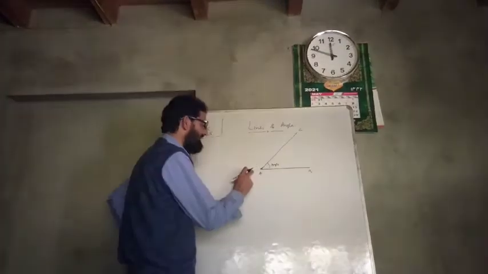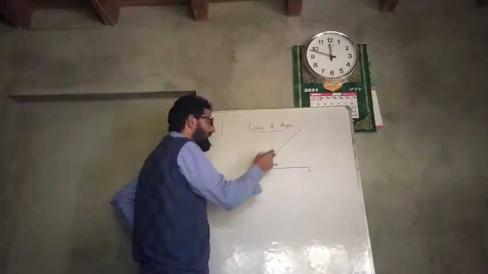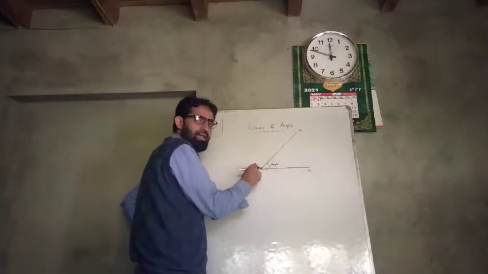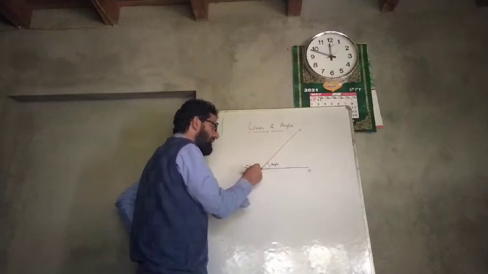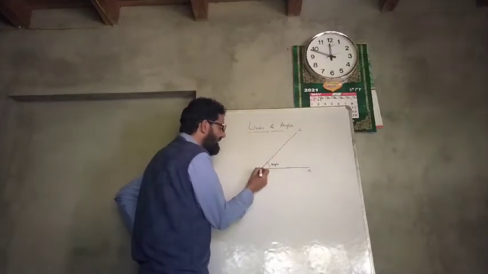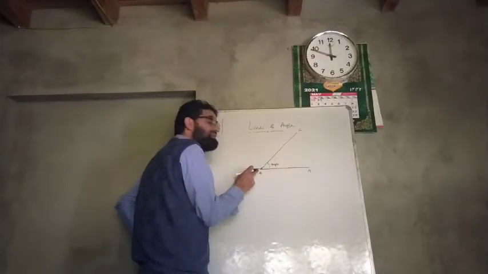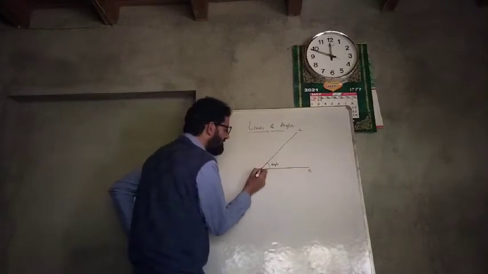Now see again, if AB is a line segment and there is one more line segment which originates from A. For both line segments BA and CA the endpoint is A, so this is a common endpoint.